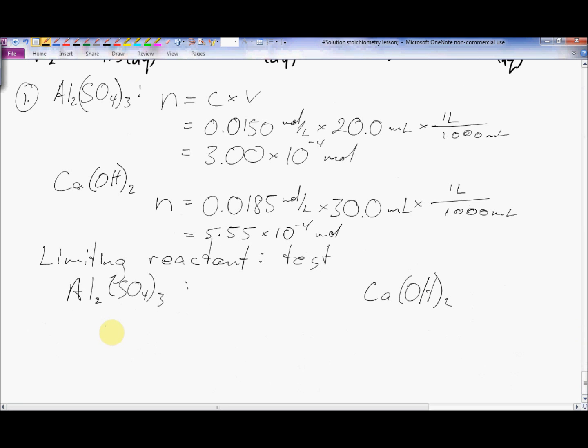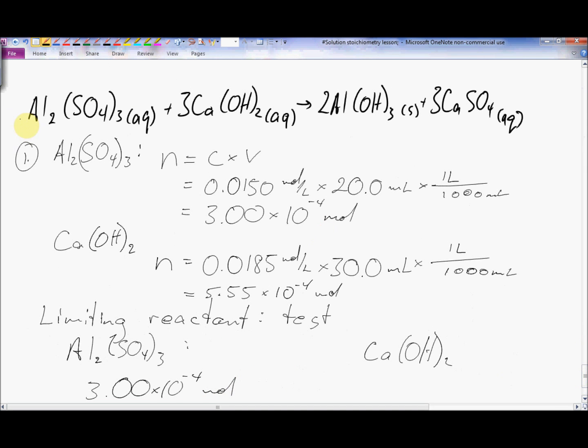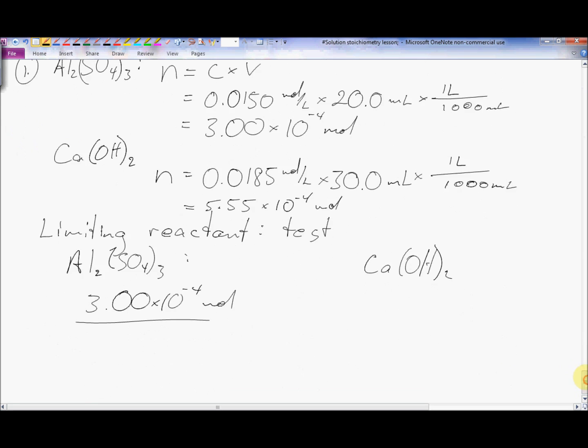For aluminum sulfate, I'm going to take that number of moles and divide it by the coefficient that's multiplying aluminum sulfate in the equation. Okay, and that gives me just 3 times 10 to the negative 4.